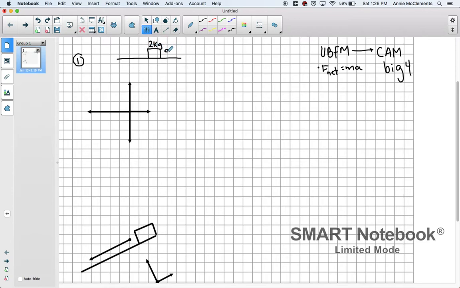And there's a dude here who's pushing the box and he's accelerating the box in this direction. Okay, so the box is accelerating. When you see that there's acceleration, you know it's unbalanced forces. So the question here might be, what is the acceleration of the box?